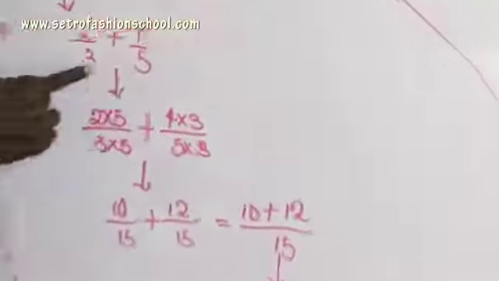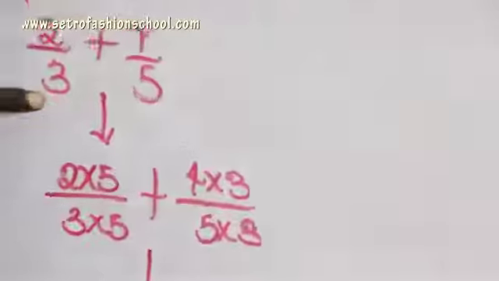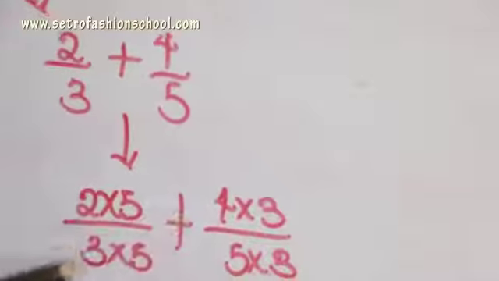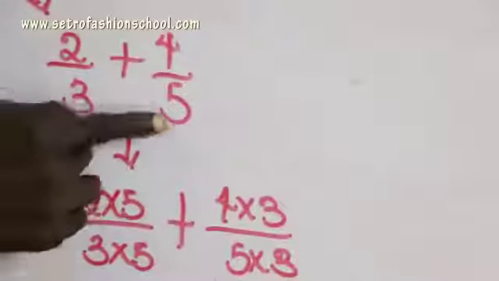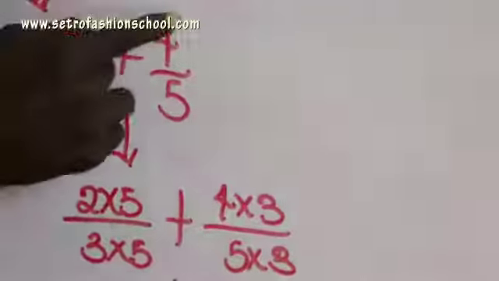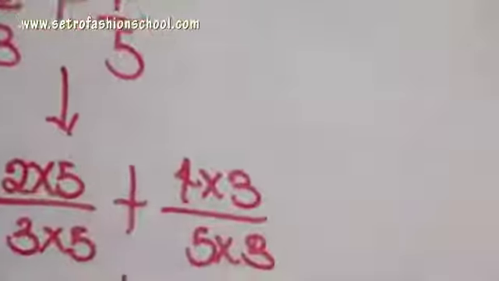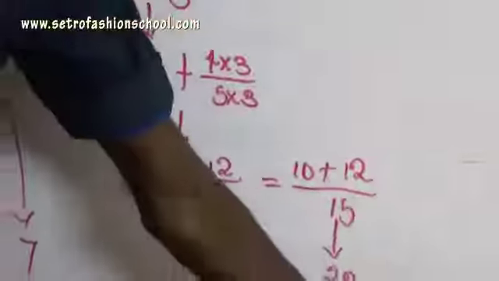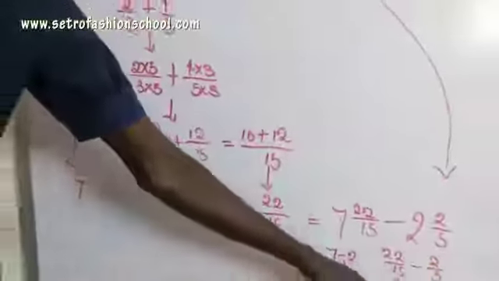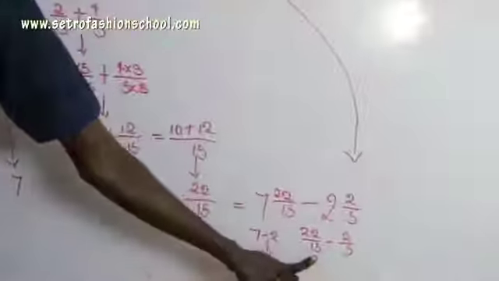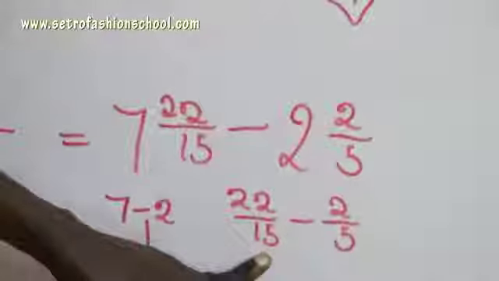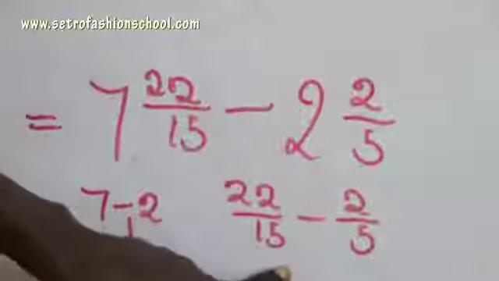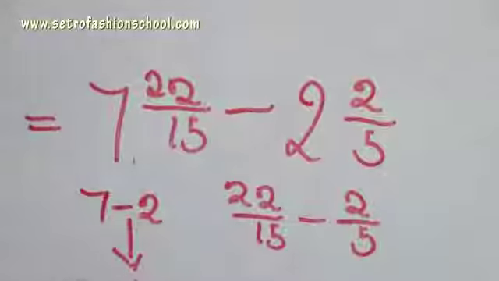It's 3 and 5. They are very small numbers. That's why we can apply the multiplication technique here. Using this times this and this, you have 15. But now, the figure here is very big. It's 15. I could tell you that you can also apply it, but so that you won't waste your time, you need to apply LCM here.